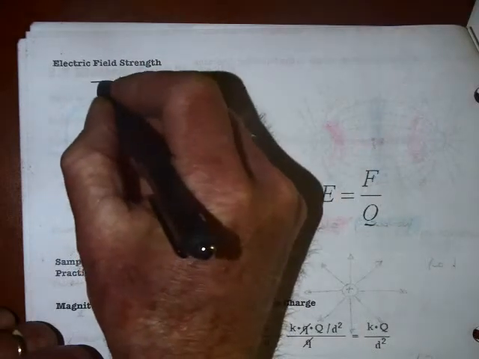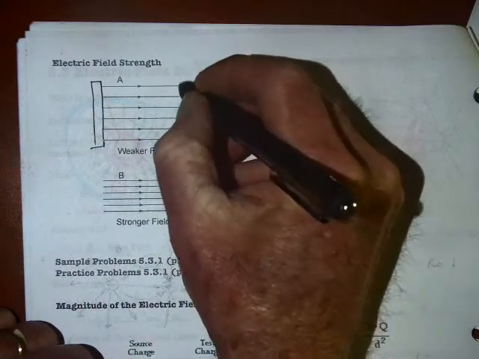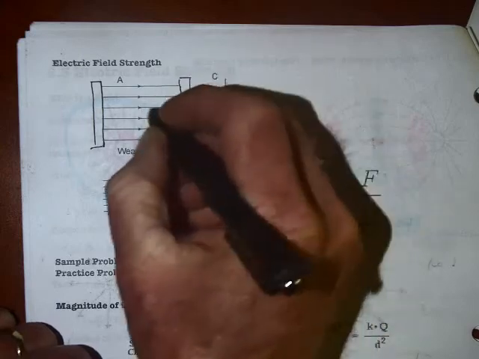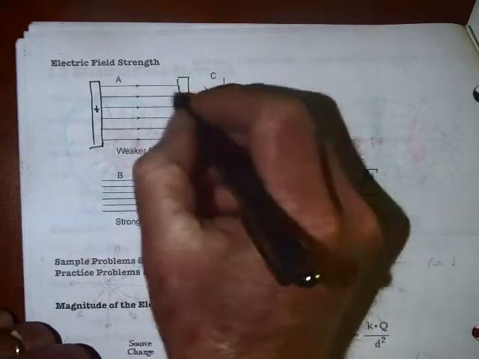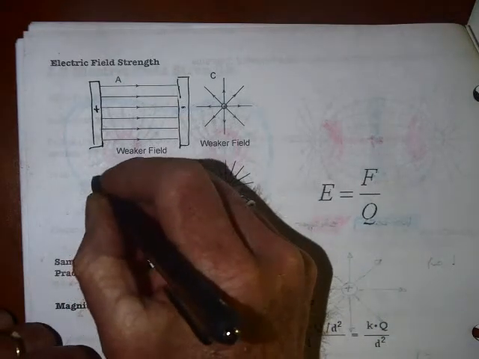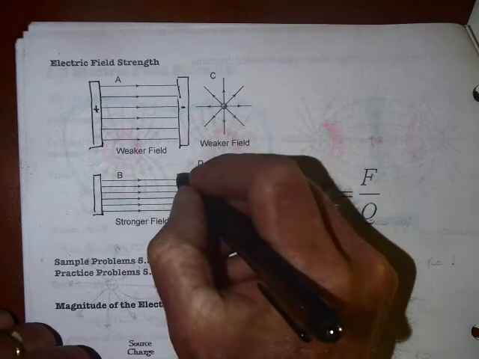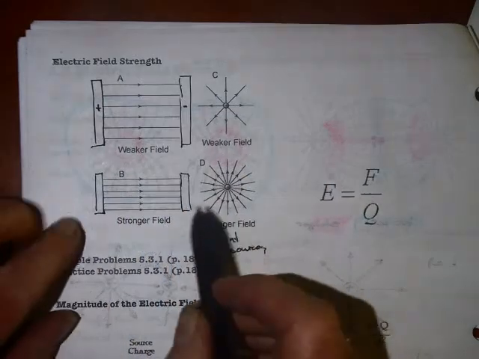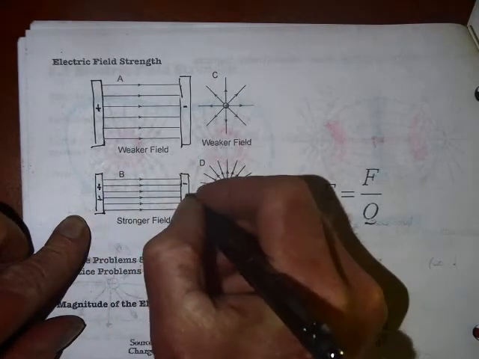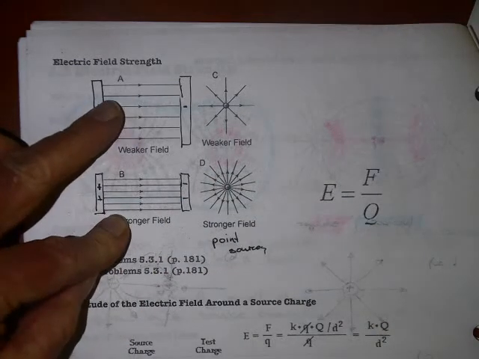These ones over here would be, for example, between two plates, and we'll revisit this later on. This is going to be the positive plate, and this is going to be the negative plate on both of these. What this is indicating is that you have a stronger field between these two plates than between these. Okay?